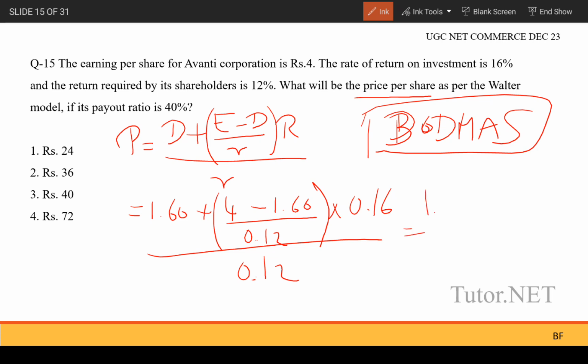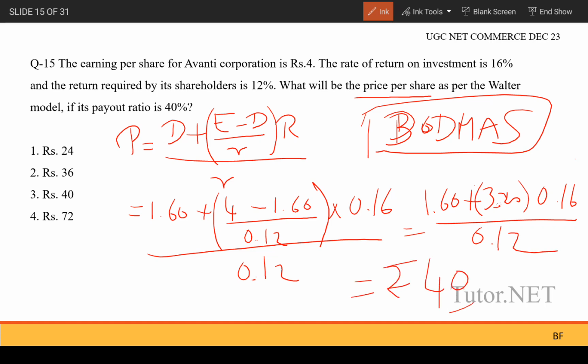So we will get 1.60 plus, while substituting the inner bracket we will get 3.20 divided by 0.12, into 0.16, whole divided by 0.12. Further substituting we will get the answer as 40. Okay, so the price per share as per the Walters model, if the payout ratio is 40%, gives rupees 40.